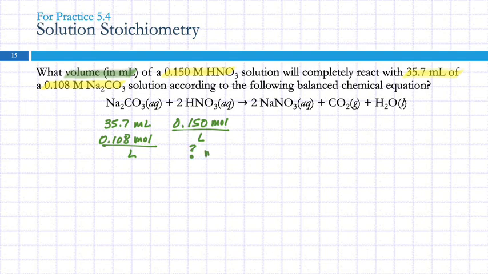How much of this in milliliters? So we've got stoichiometry. We should first think of grams to moles to grams. And then look at what the question is actually giving us and asking us. It's giving us a volume in milliliters. So instead of that, I've got milliliters. And at the end, I want milliliters instead of grams.